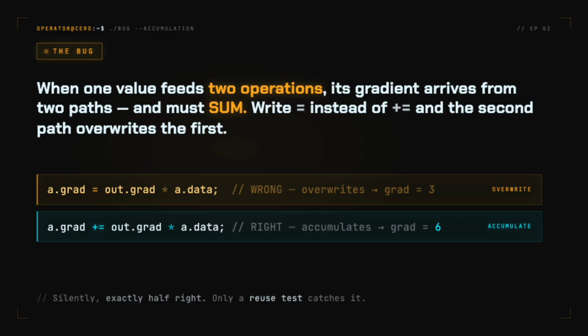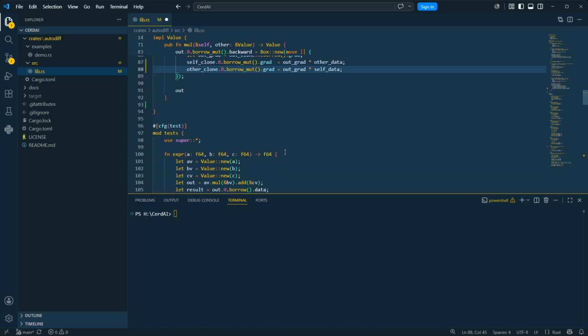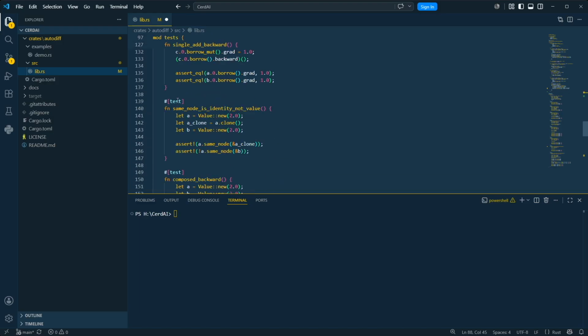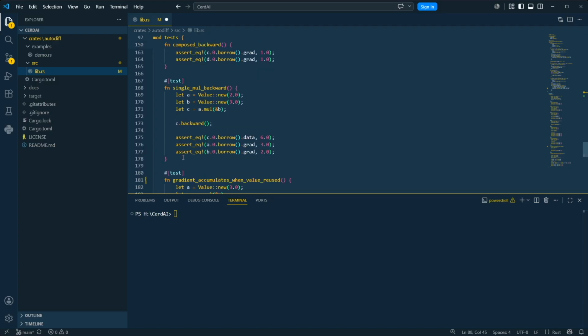Let's see if the engine agrees, but we find a nice little bug when this happens. All right, so here's the thing. When a value feeds into more than one spot, its gradient comes back from more than one path. And those have to add up. That's the chain rule again, if you remember from our episode 1 explanation of it.